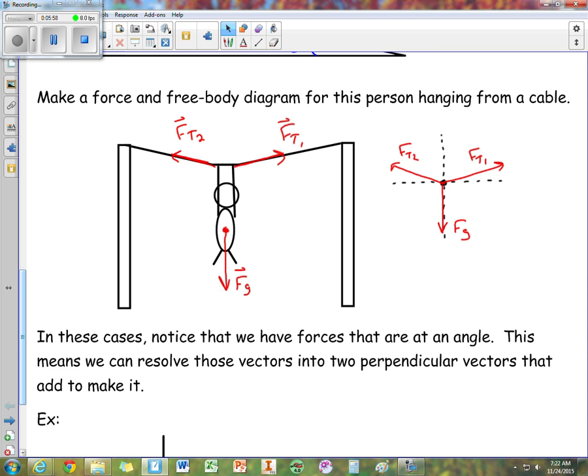And notice that, once again, we have some angles. Let's go with theta and gamma. So that means that we can resolve these into their x and y components. I'll leave it up to you to figure out the formulas for those.